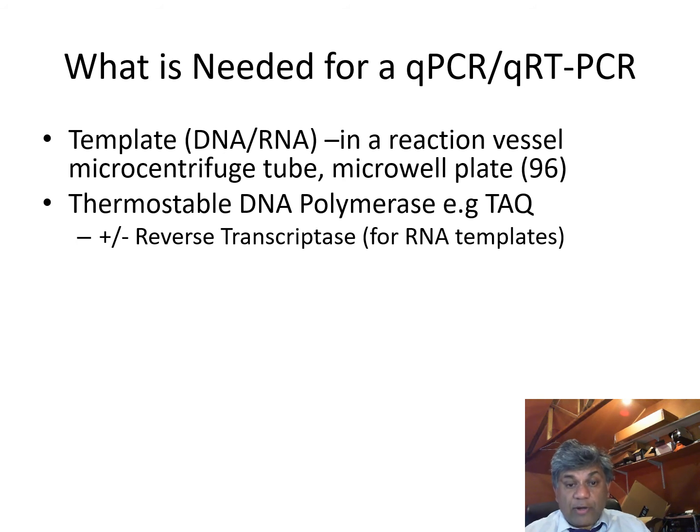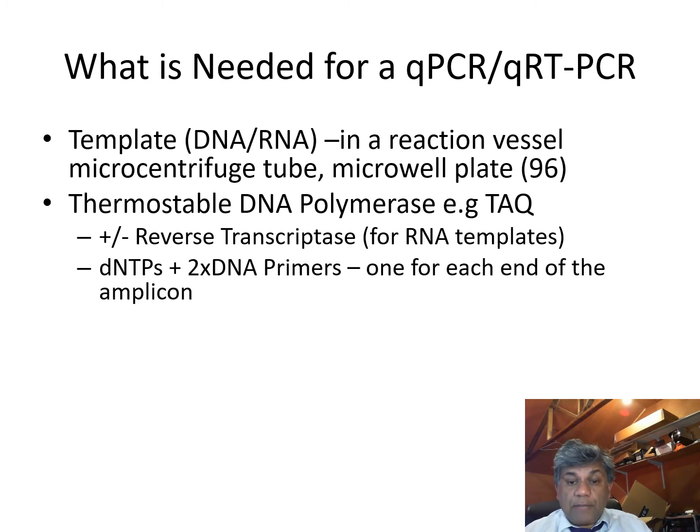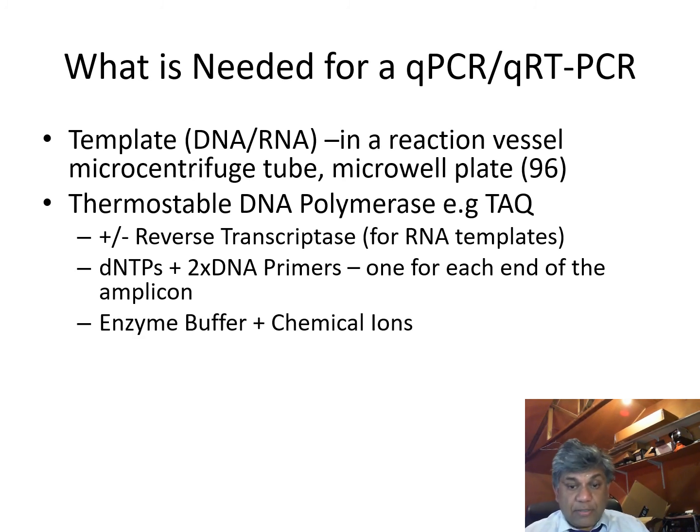For RNA template, you need to have a reverse transcriptase added as well. You need to have the building blocks, which are deoxynucleotide triphosphates, and two DNA primers, which are prerequisite for the enzymes to work and build new DNA. Each of the primers will bind to separate ends of the amplicon on either strand.